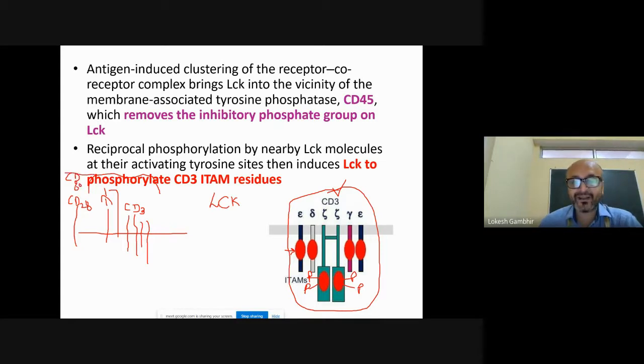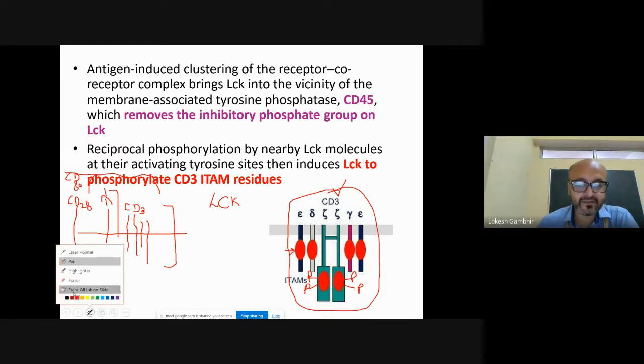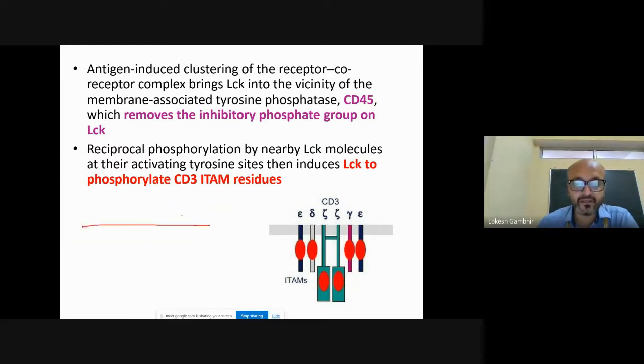The moment this binding is achieved, there is another protein called LCK that is present. Now let me correct myself. There is an LCK that is present in this fashion. There are multiple CD3 molecules that are present here. There is again a T cell receptor complex present here.